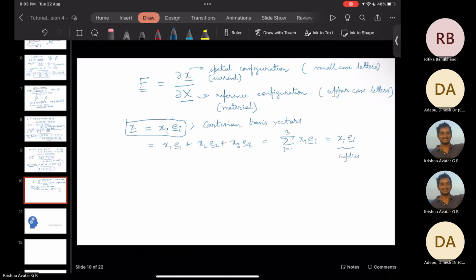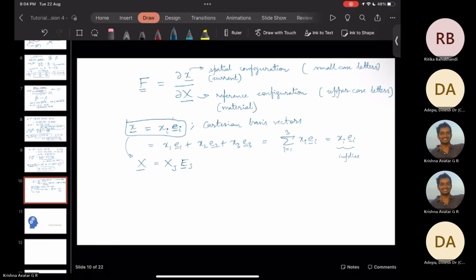And in this case, x is represented in terms of i; x is in lowercase letters, and i is again in lowercase. However, if we had to represent capital X in a similar fashion, I would represent it as X capital I, or, not to get confused, X capital J and E capital J. Now E here is different from the other e that we defined.